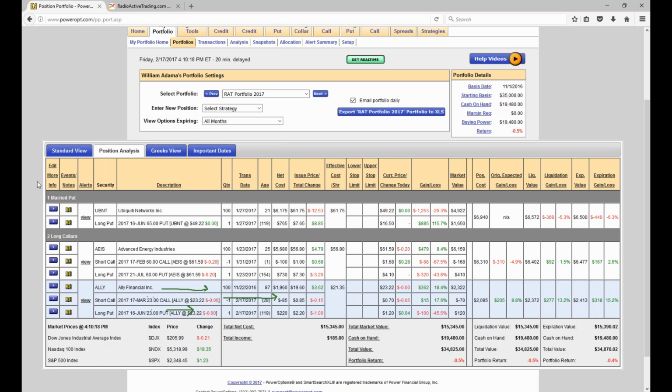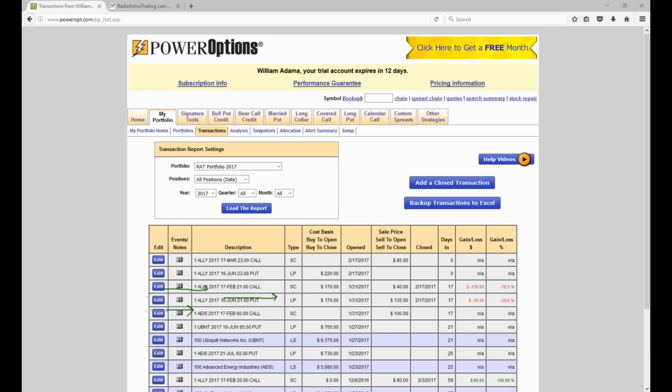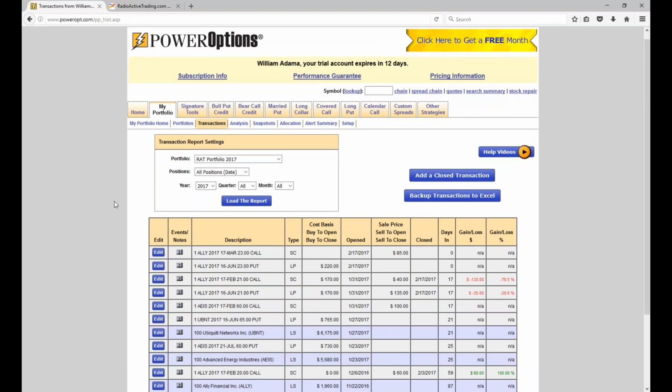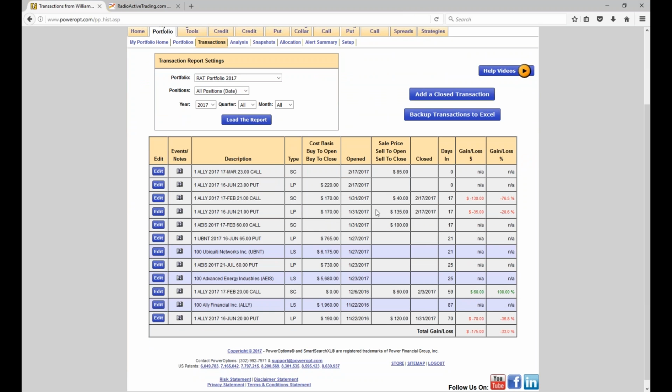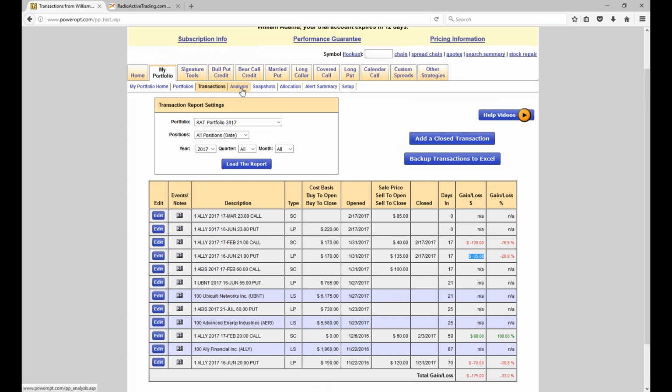The 2 ways that you can see closed positions: the main portfolio view just shows open positions, but if I go into the transactions field, we can see a running tab by date of the positions I have, and over here we see the realized gain and loss for those particular positions. Now the field that David is talking about is the Analysis tab, the 4th tab up here at the top.